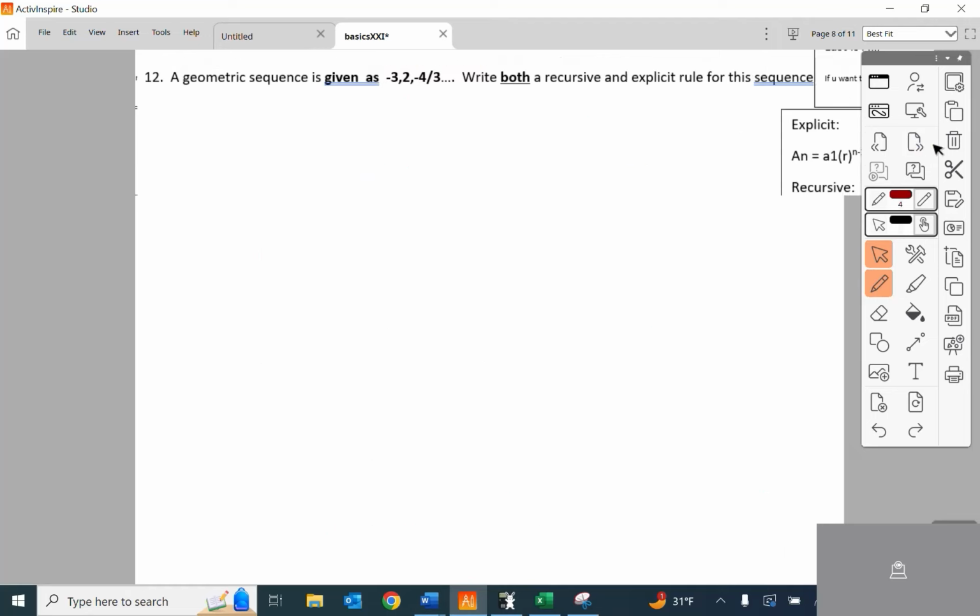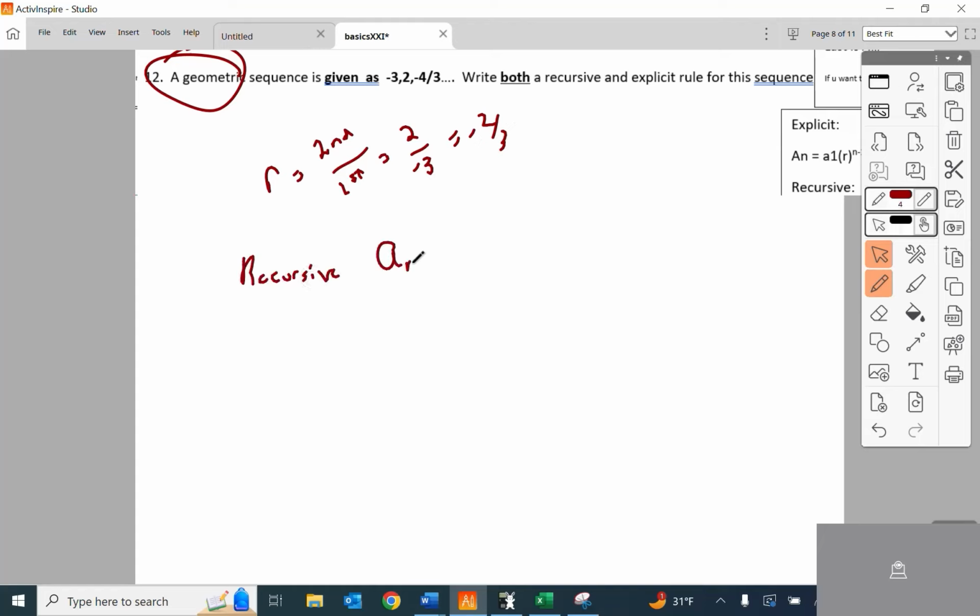The geometric sequence is given as -3, 2, -4 thirds, right? Both a recursive, and they tell you it's geometric. So your ratio is always going to be the second over the first, which is 2 over -3, which is -2 thirds. The rule for recursive is quite simple. It says the nth term is the ratio times a sub n minus 1.